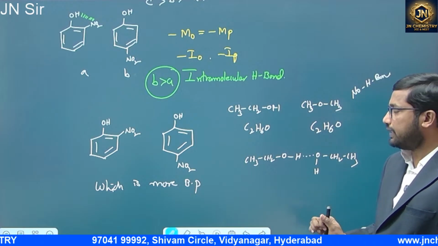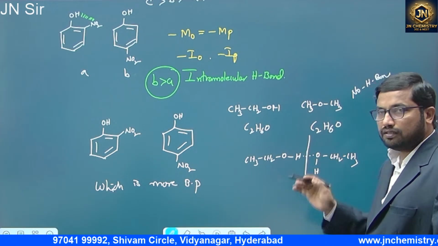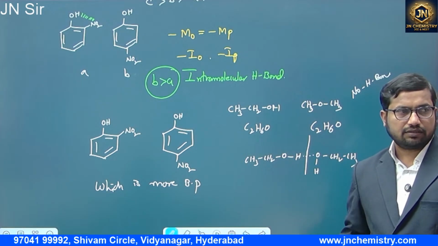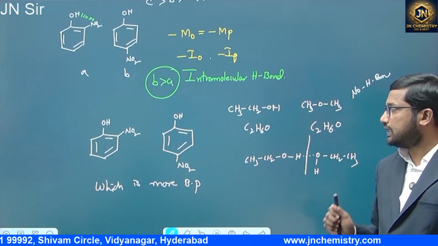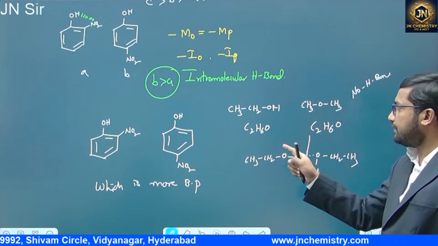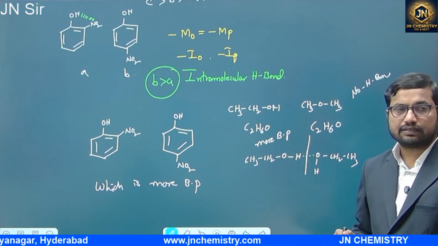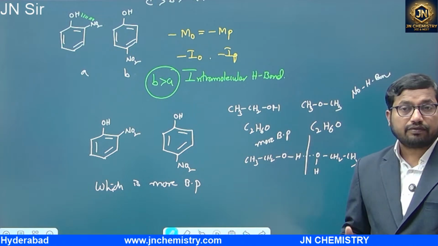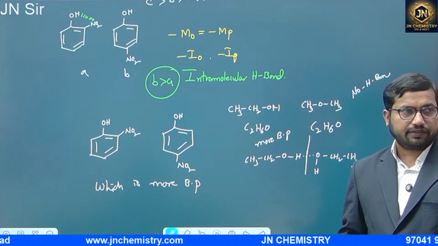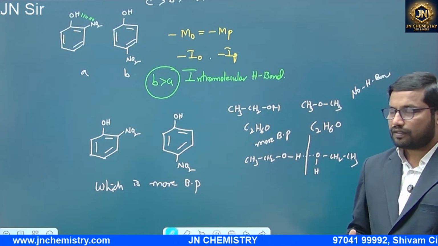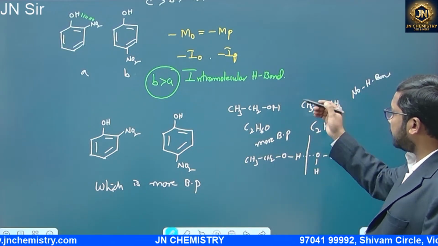So since hydrogen bonding is there, first we need to break the bond, right? For breaking it we need more energy, more heat. That's the reason it has the higher boiling point.